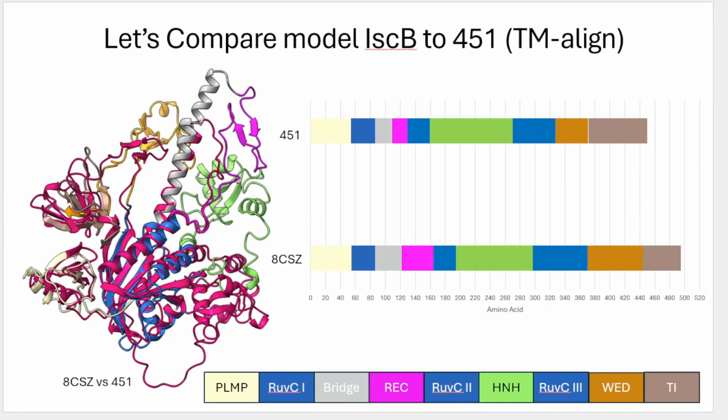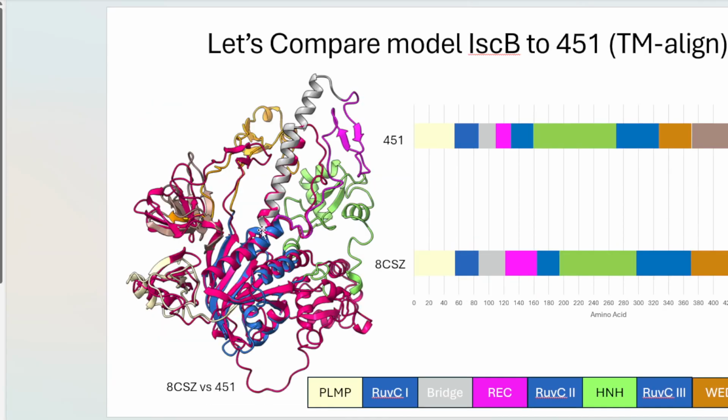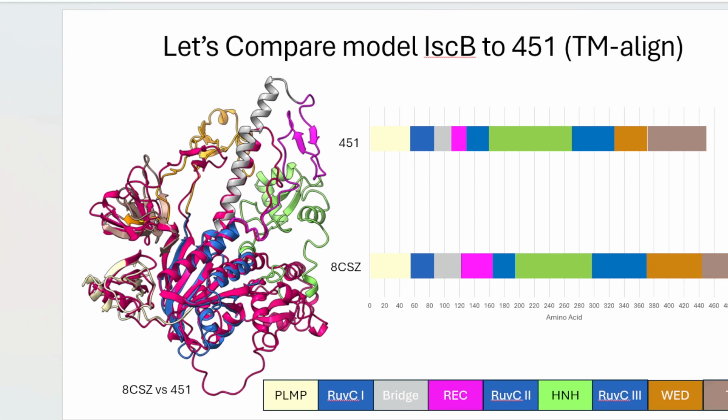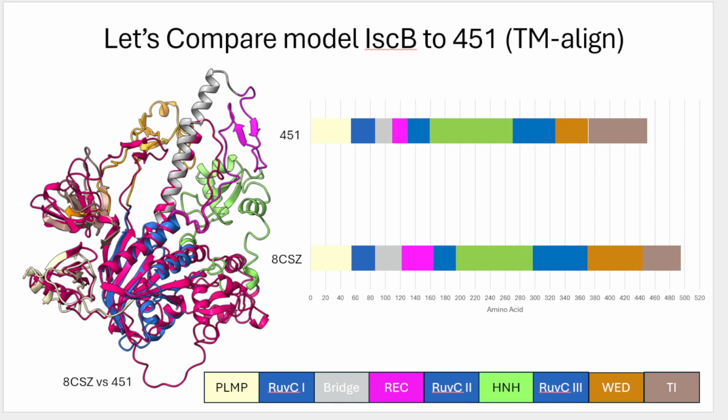So if we go ahead and overlap the two proteins using TM-align, which does a structure-to-structure pairwise comparison of the two proteins, and then we do a really simple sequence alignment, and I just color in the sequences of 451 based on the Cas9 domains, we can see that the PLMP domain is highly conserved.